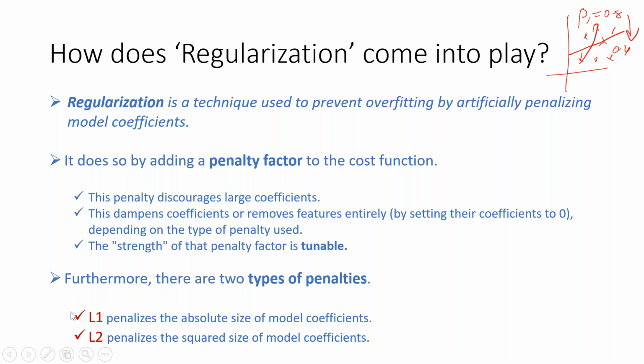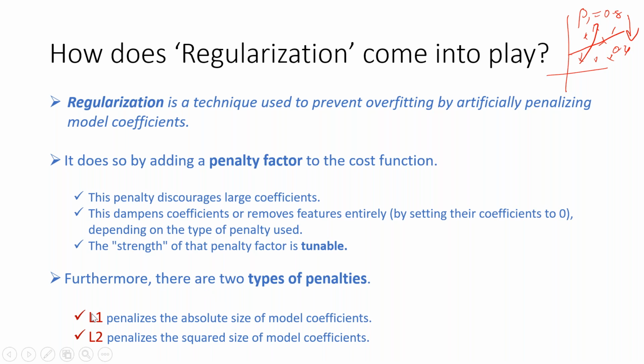So there is L1. If you add an L1 kind of factor to your cost function and penalize, it will make betas zero. Whereas if you use L2, it will not make any beta zero, but it will make it very, very small. So it will dampen the effect of a feature, but it will not remove the feature out of the equation.